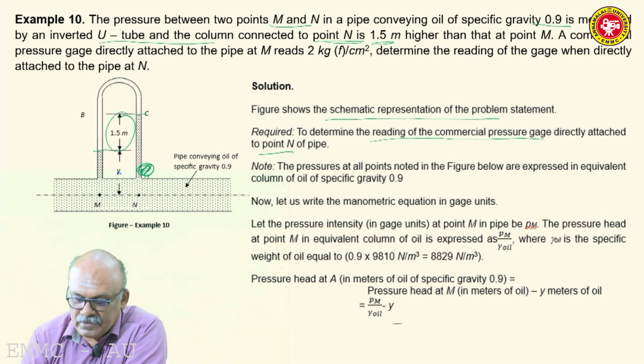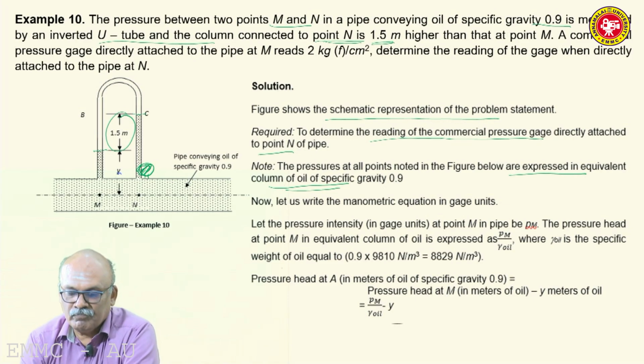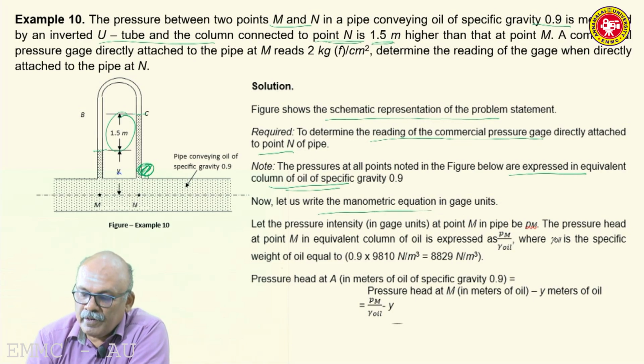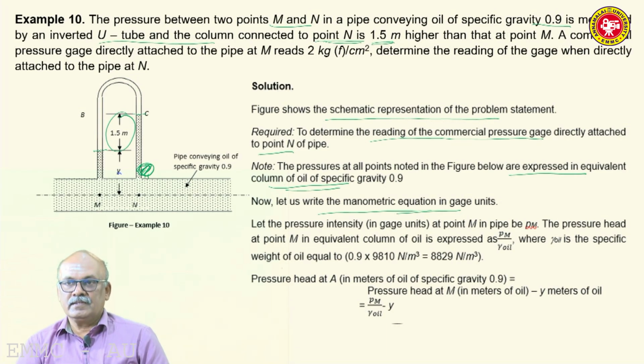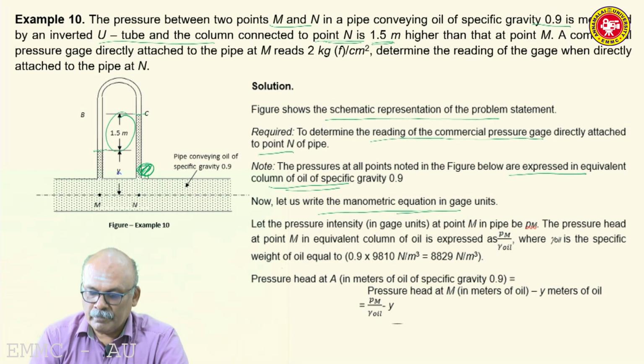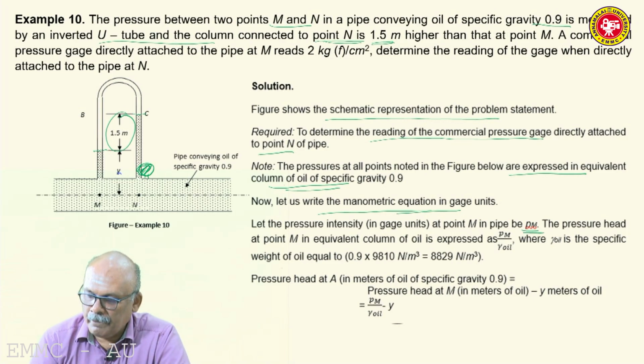So let us express again the pressures at all points in equivalent column of the flowing fluid, which is oil of specific gravity 0.9. So let us again write the manometric equation in gauge units. What is gauge units? That means you are taking the atmospheric pressure as the datum. So let the pressure intensity in gauge units at point M be PM.